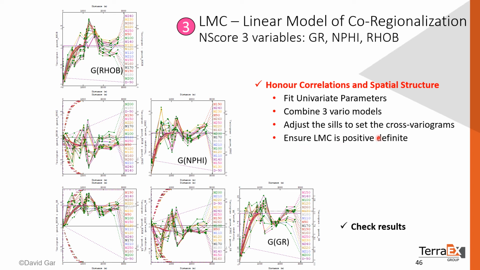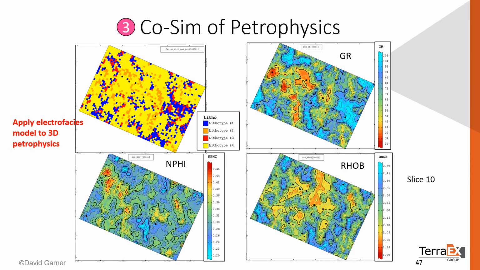These are some of the rules: we combine the variogram models, we fit the primary, adjust the sills, and then ensure that the solution is positive definite.